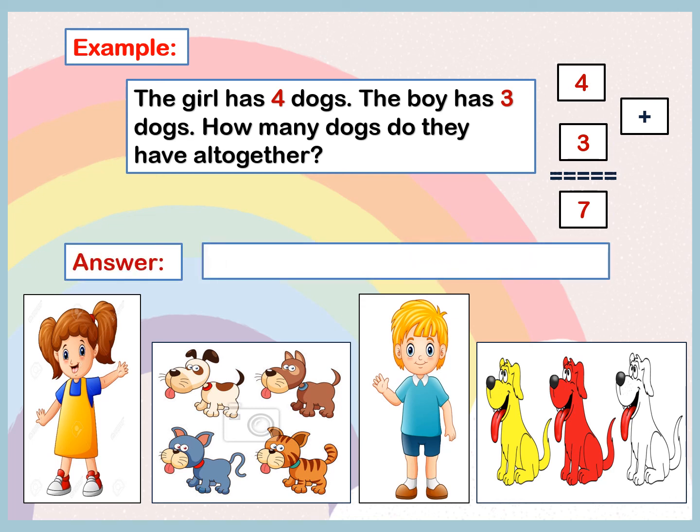The answer is now the girl and the boy, so we are going to use they because there's two. They have 7 dogs altogether. Again, they have 7 dogs altogether. Good job, kids. We answered the problem. Let's proceed to another situation.